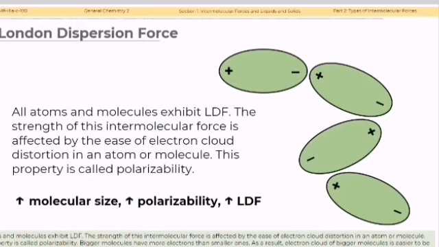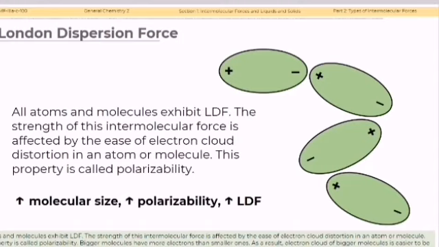All atoms and molecules exhibit LDF. The strength of the intermolecular forces is affected by the ease of electron cloud distortion in an atom or molecule. This property is called polarizability.